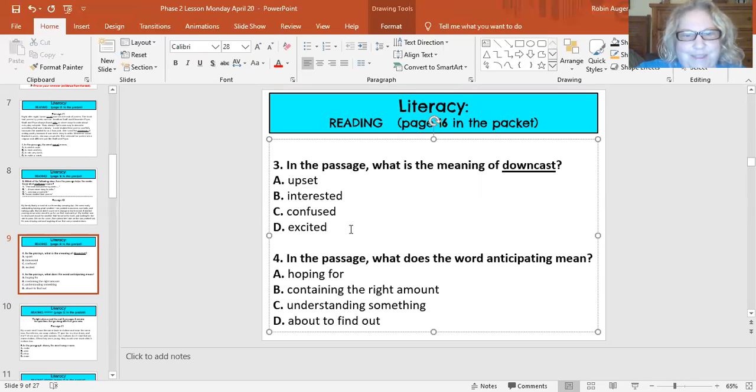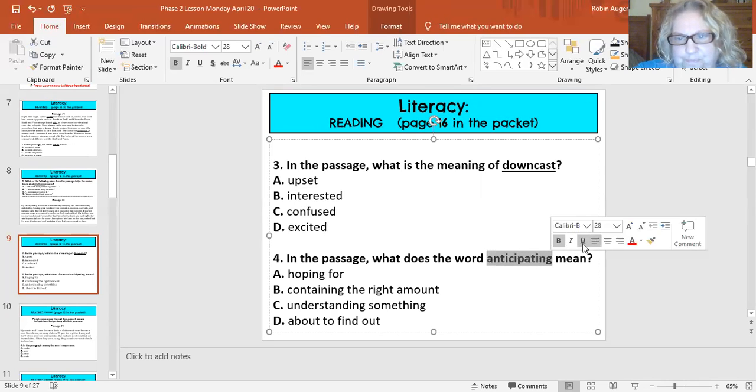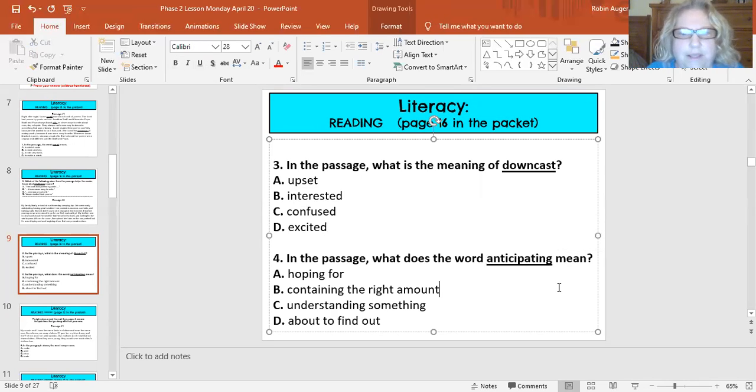Okay. All right. And in the passage, what does the word anticipating mean? Underline that word. Okay. Anticipating. Does it mean hoping for? Anticipating. Containing the right amount. Understanding something or about to find out. Okay. Let's go back to the passage.